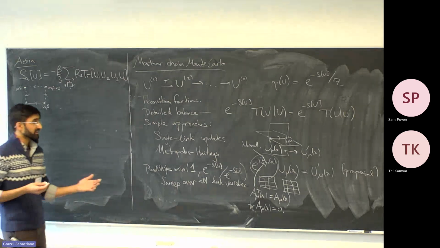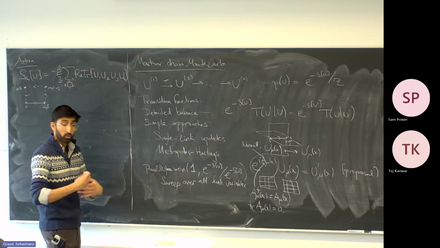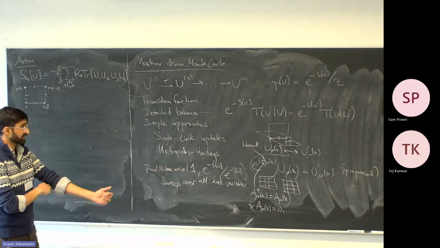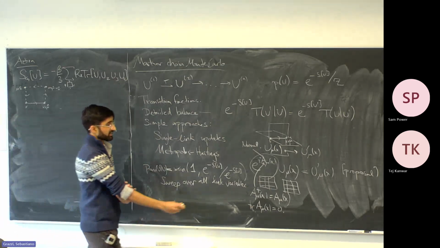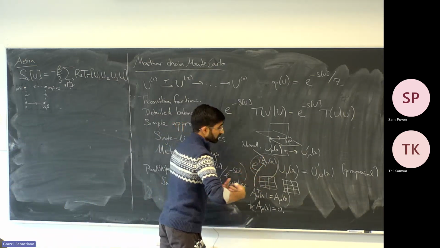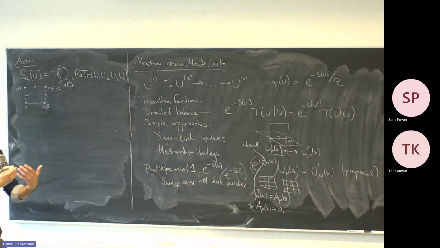So ultimately, of course, the efficiency of this is going to depend on how quickly you can mix up and decorrelate the configuration on your lattice, which depends on how wide the distribution over these variables is, determining how far the link variables each move along in each step.